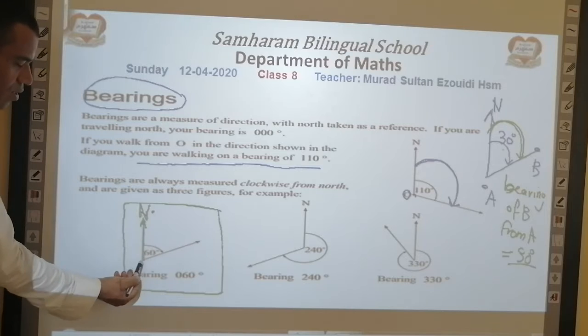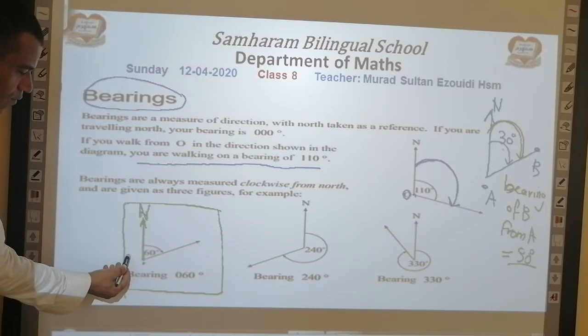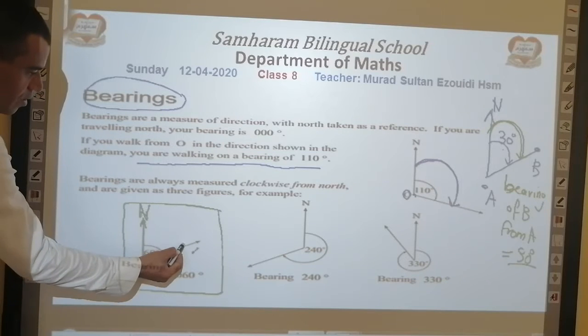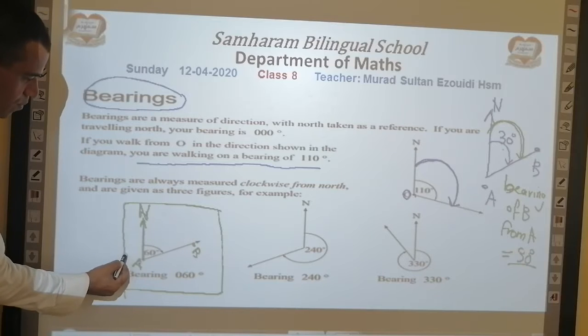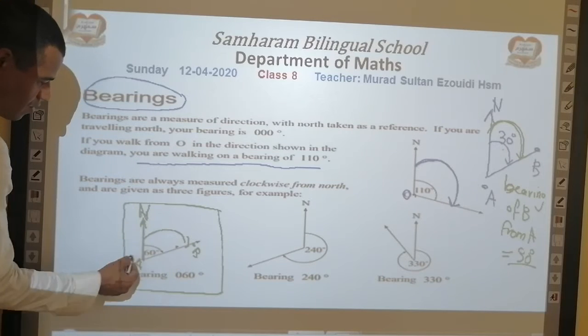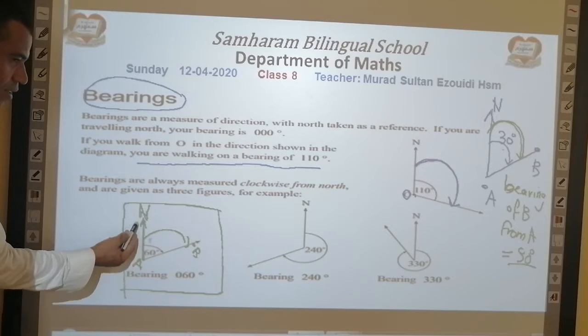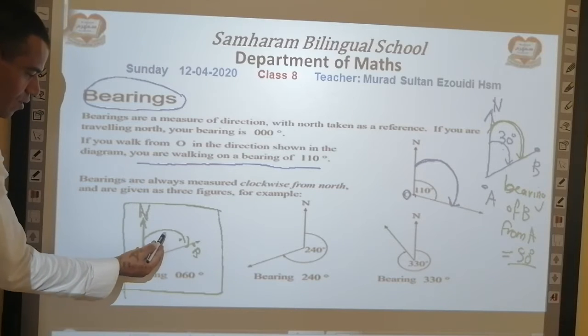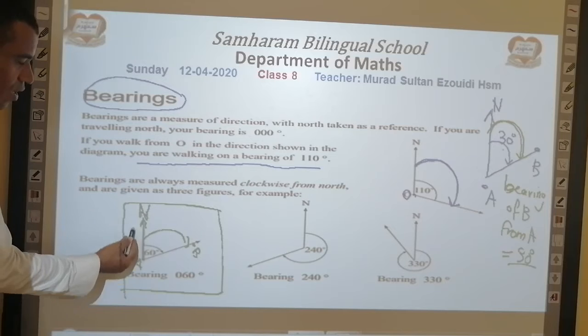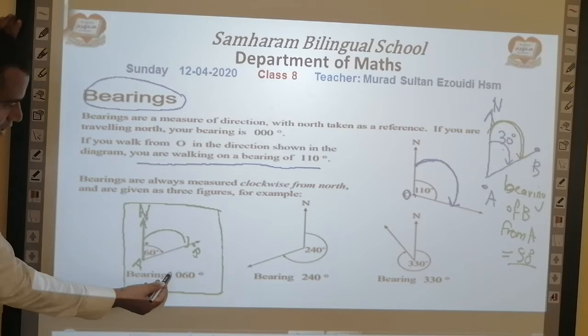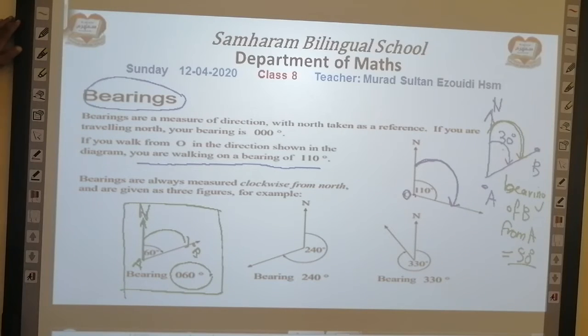In order to find my bearing, for example, this is A, this is B. From A to B, I should measure the bearing clockwise from the north direction, which means 60 degrees.